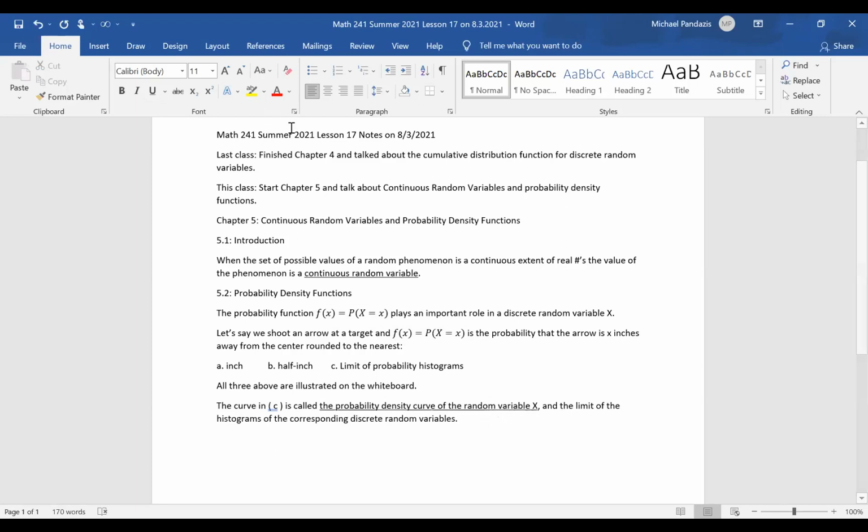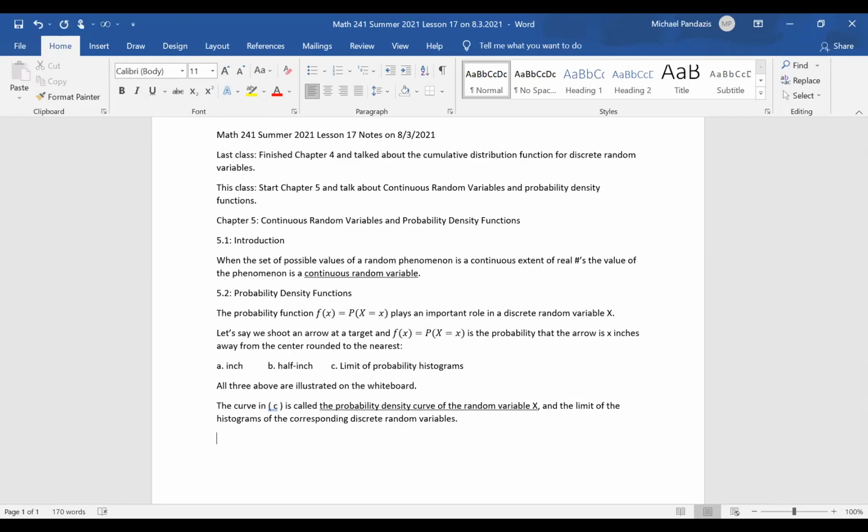Right? Each histogram is the histogram of its own discrete random variable. Right? So when you round to nearest inch, half inch, quarter inch, each of those corresponds with its own discrete random variable. And so when we find the probability density curve of random variable X, I'm just saying it's the limit of the histograms of the corresponding discrete random variables, one for each histogram.